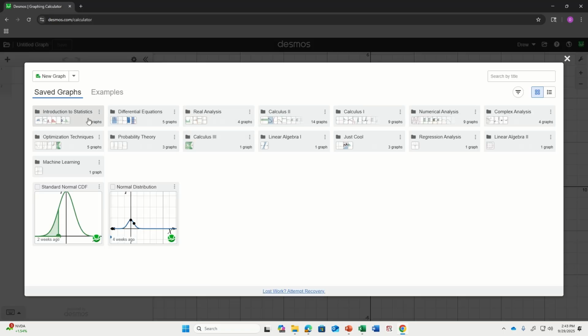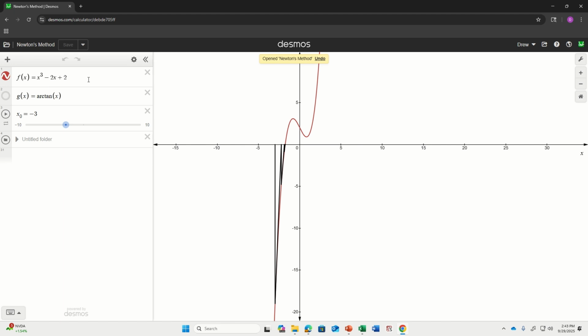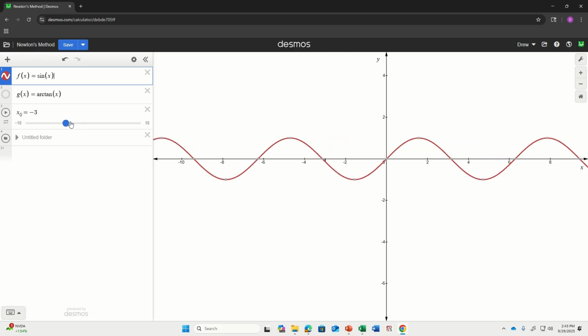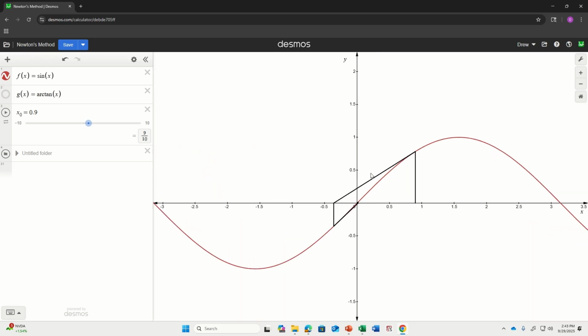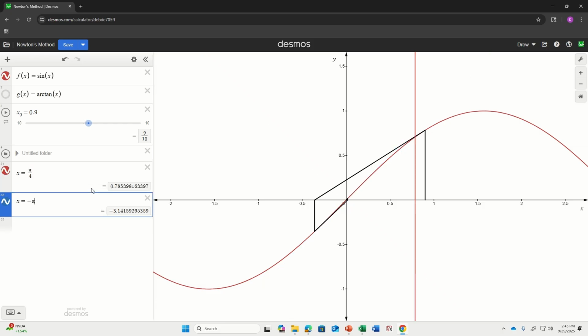Okay. Where is numerical Newton's method? My function is going to be sine. Okay. So let me put in x equals pi over 4. That's my upper bound. And x equals negative pi over 4. That's my lower bound.